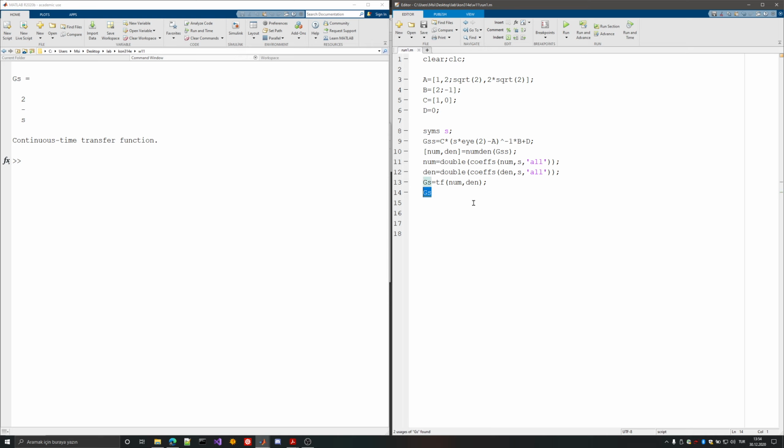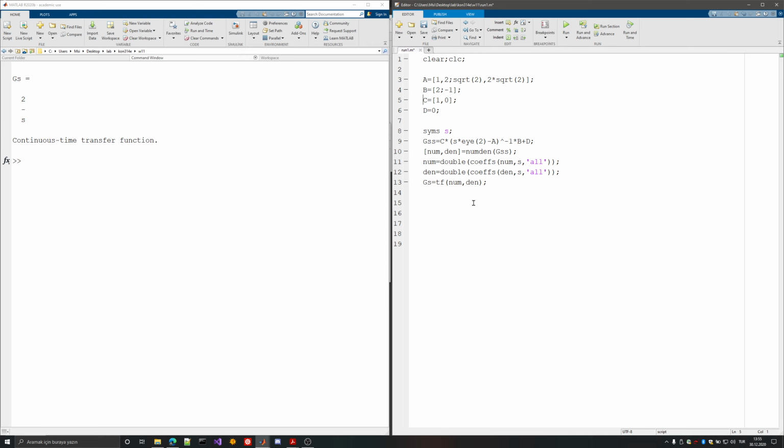Now, and this is a little bit more tricky, how can I convert G(s) back to the state space realization or model? How can I acquire the state space model using a transfer function object? Now, the best thing here is to use a decomposition of the transfer function.